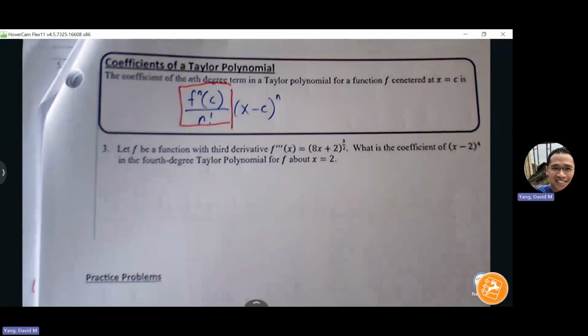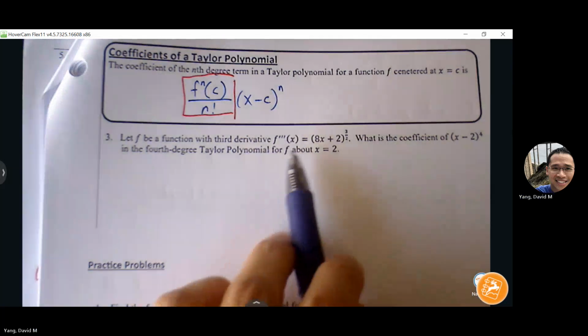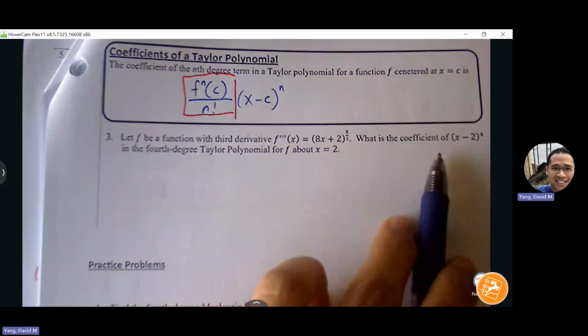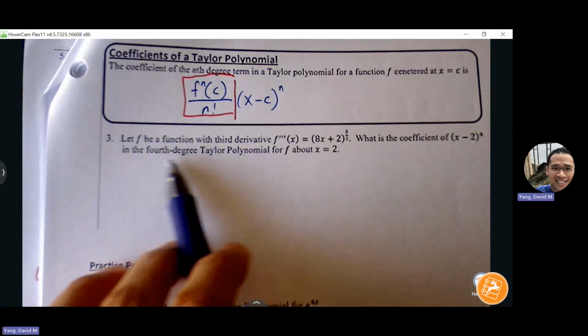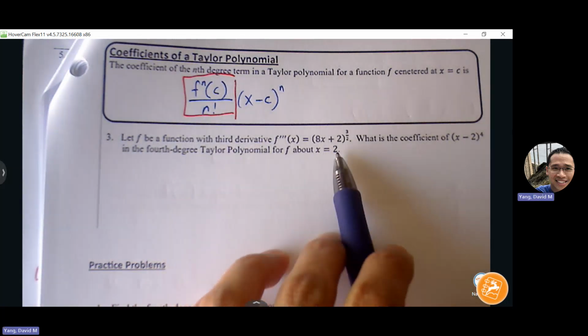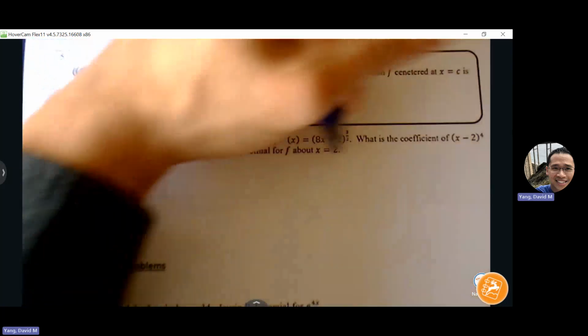All right, so let's see an example of that. For number 3, it says, let f be a function with a third derivative, given here. What is the coefficient of the fourth term in this fourth degree polynomial centered at x equals 2? So that's my c value.